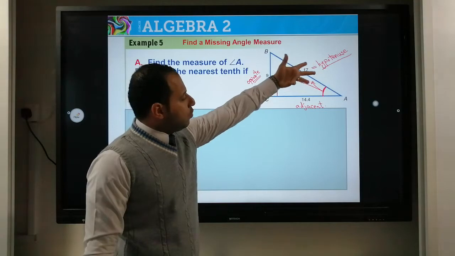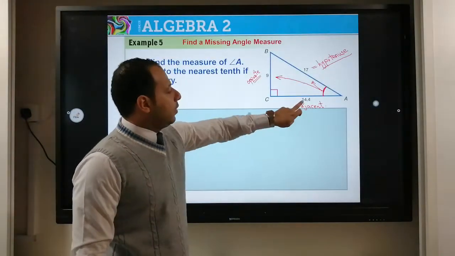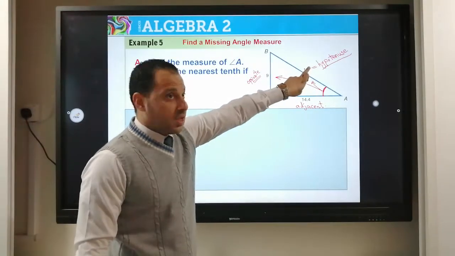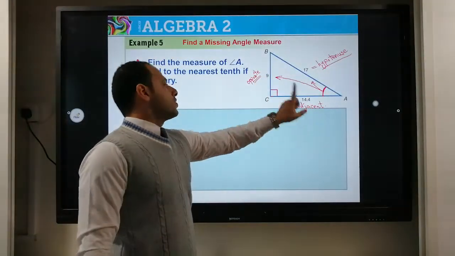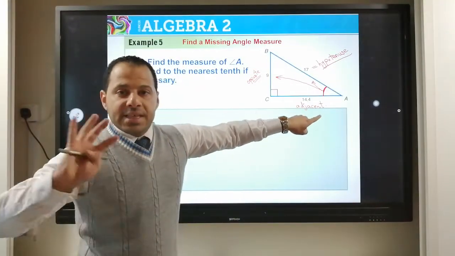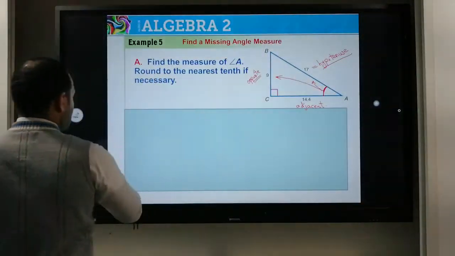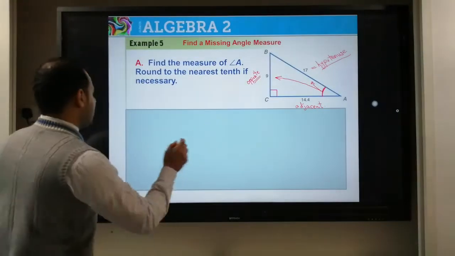But if you want to use cosine, there is no problem. It's adjacent over hypotenuse, and tan is opposite over adjacent. Of course, you will get the same answer. Let's use sine as he said at the beginning.